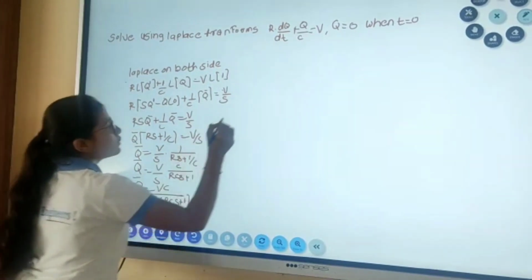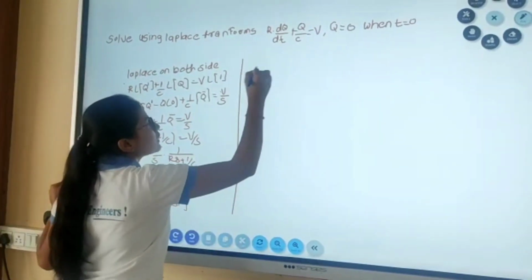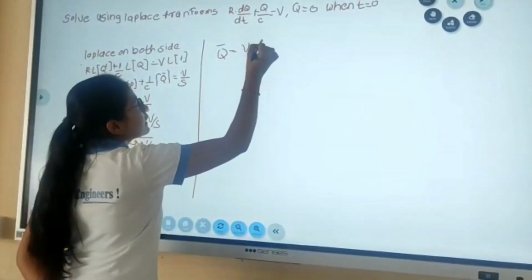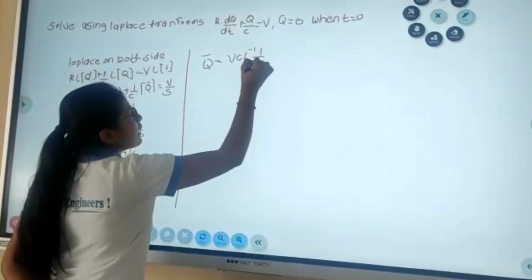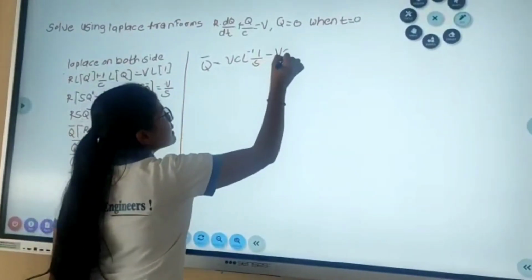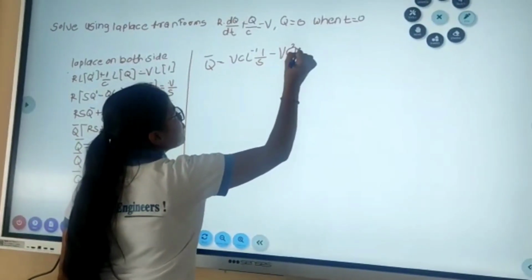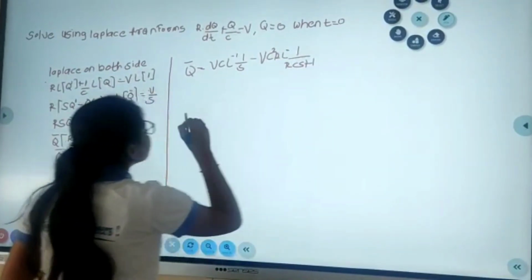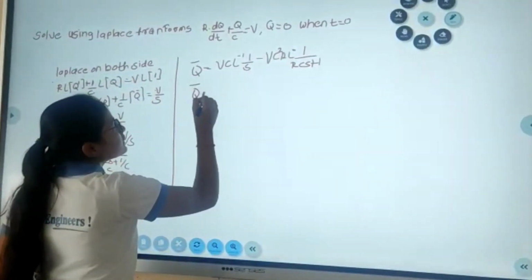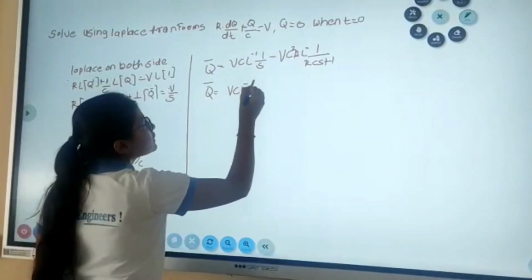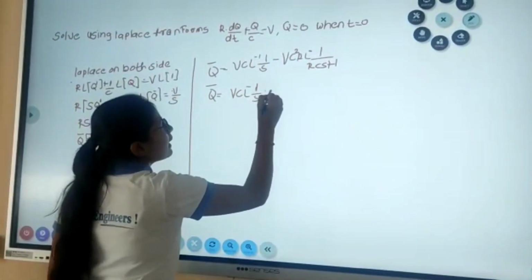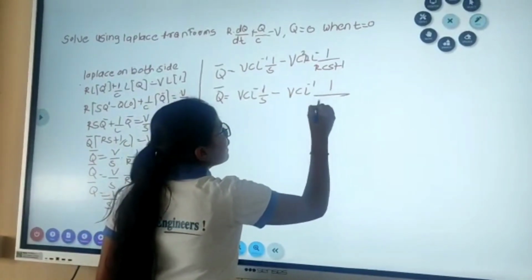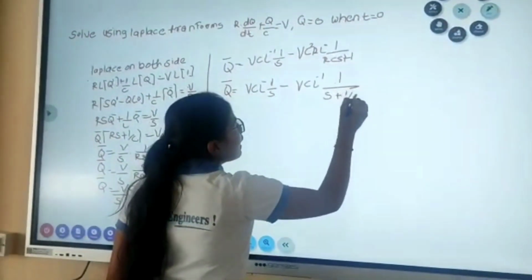Therefore, Q complement is equal to VC L inverse of 1 upon s minus VC square L inverse of 1 upon RCs plus 1. Therefore, Q complement is equal to VC L inverse 1 upon s minus VC L inverse 1 upon s plus 1 upon RC.